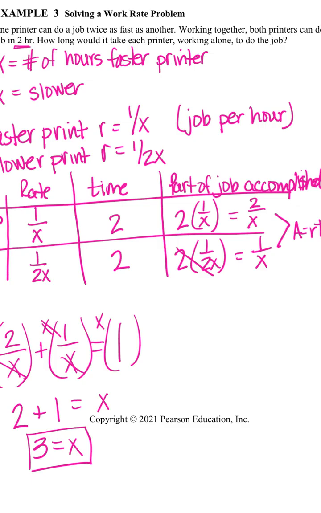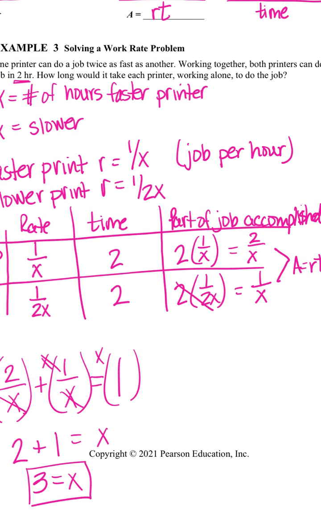Now what does that mean? Now you have to take the x and plug it back in. Up here, we said that x is the number of hours the faster printer could do the job.